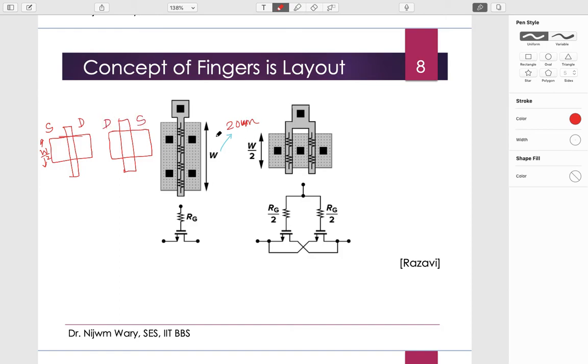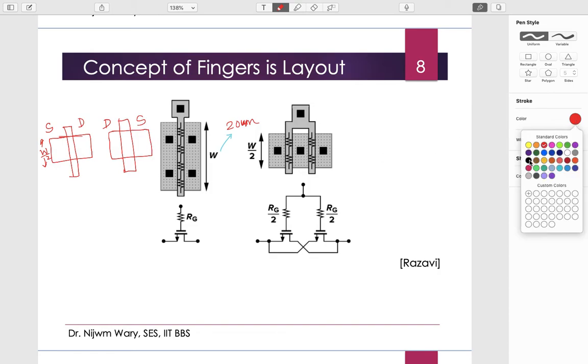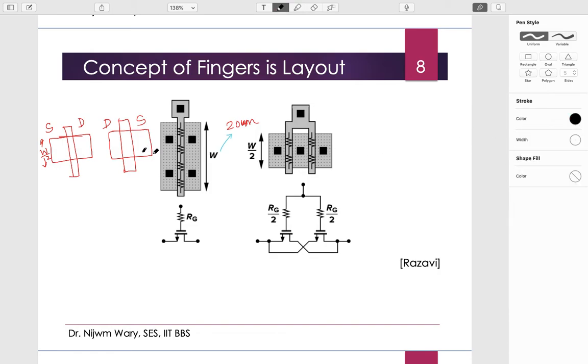So I have divided this big transistor into two parts, this one and this one, and now I can connect source and source together, and drain and drain together.